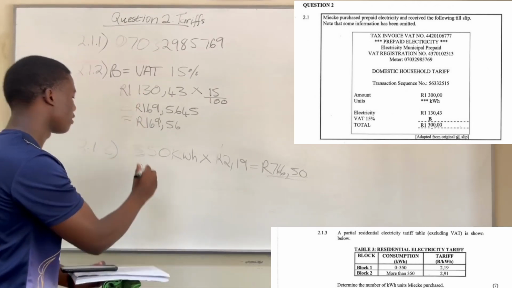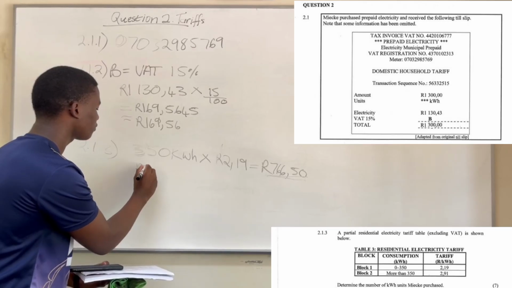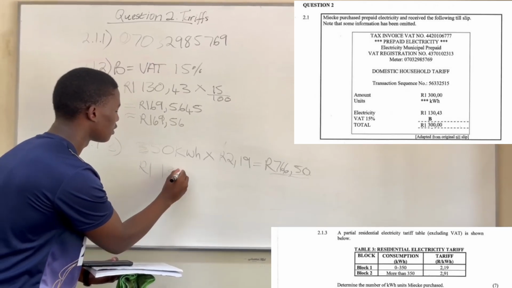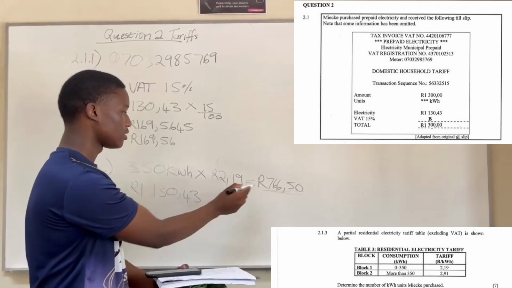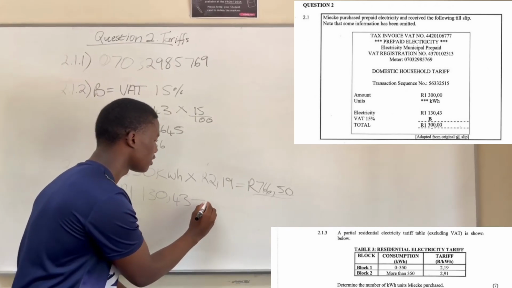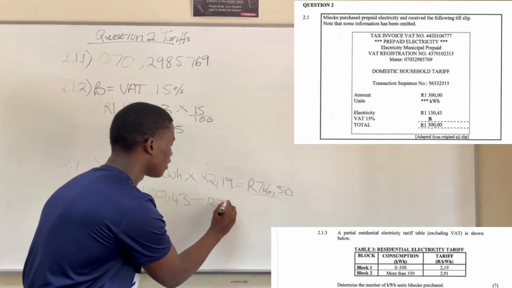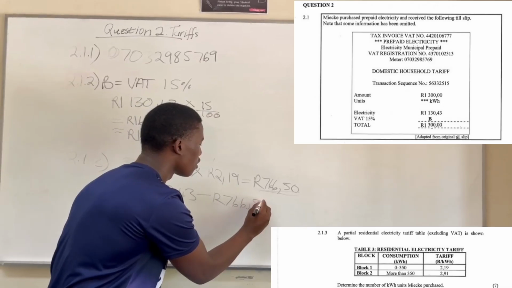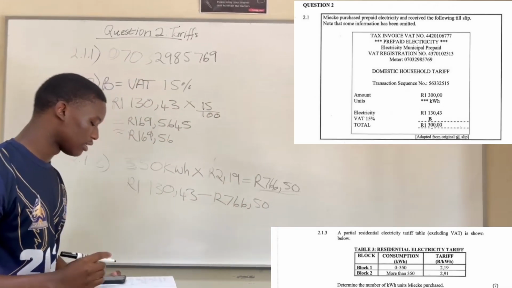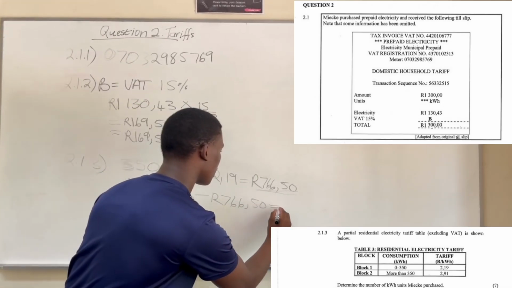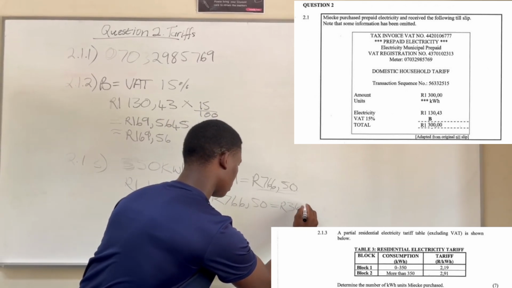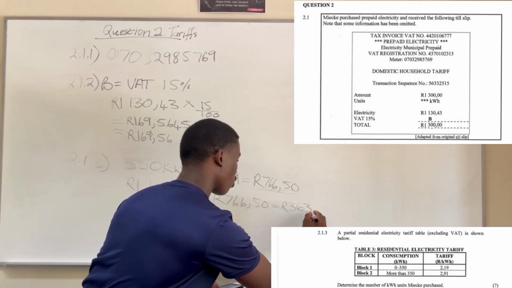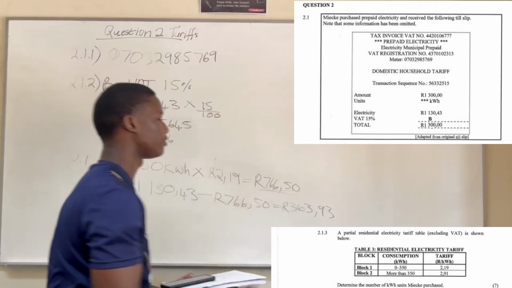He paid 1,130.43, and then go minus this value. So you can say minus 766.50, and then you're going to get 363.93, right?